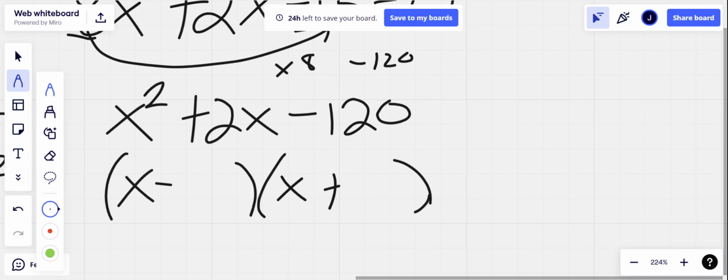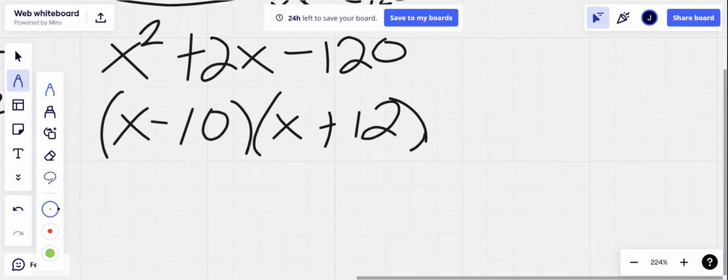Obviously, I already did it. It's 10 and 12. So if you do negative 10 and a positive 12, well, that adds up to positive 2, right? If I do negative 10 times 12, I get a negative 120. So this will work. I'm not going to multiply it all out again. You guys can do that to check, but that's our factors.